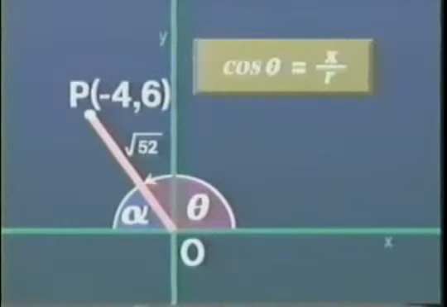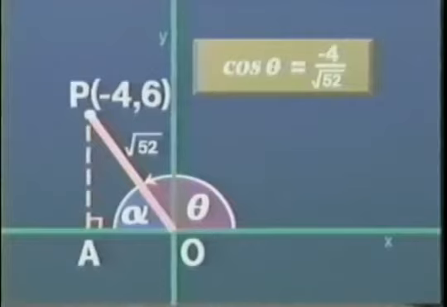Now let's find a cosine relationship between alpha and theta. We know that cos theta is x divided by r, or minus 4 over root 52. Again, if we drop a perpendicular, we have right triangle APO.